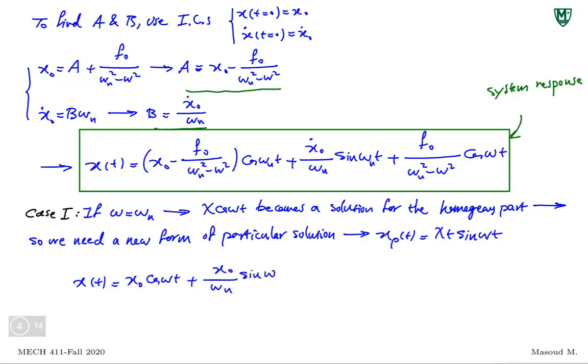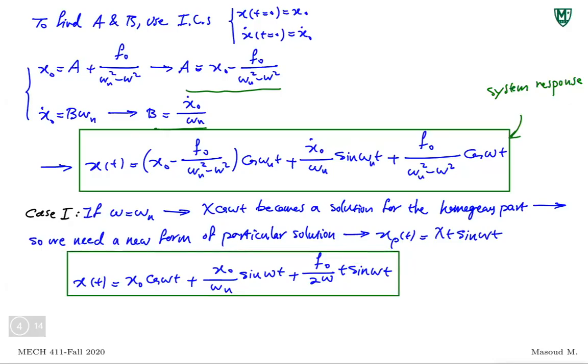Plus now you have f naught over 2 omega t sine omega t. It can be found following the same process. First, you plug the particular part into the equation. You'll find f naught over 2 omega as the value for x, and then put everything together and apply the initial conditions. So this becomes the system response for this special case when omega and omega n are the same.